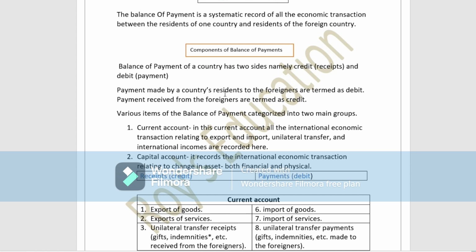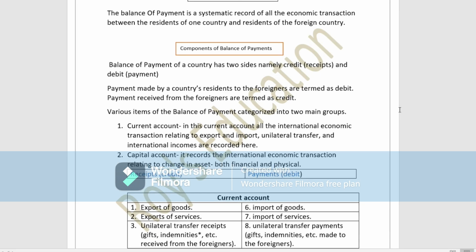And when the resident of a country receives income, receives money from the foreigners, it is termed as credit. Once more I repeat, when the resident of a country makes payment to the foreigners, it's termed as debit, and when the resident of a country receives the payment from the foreigners, it is termed as credit.